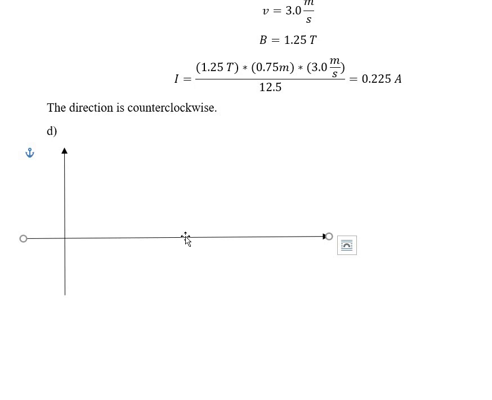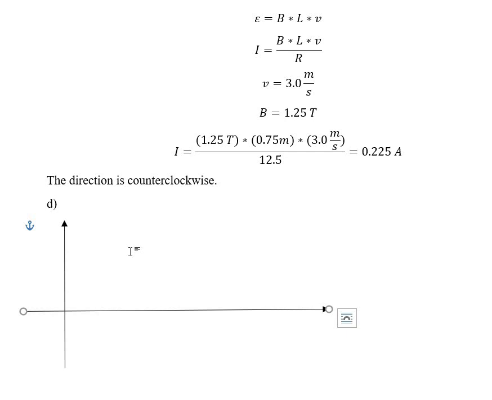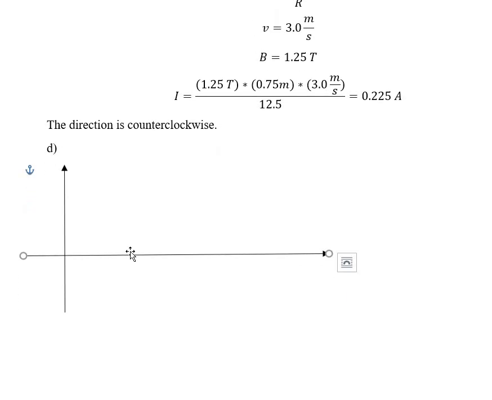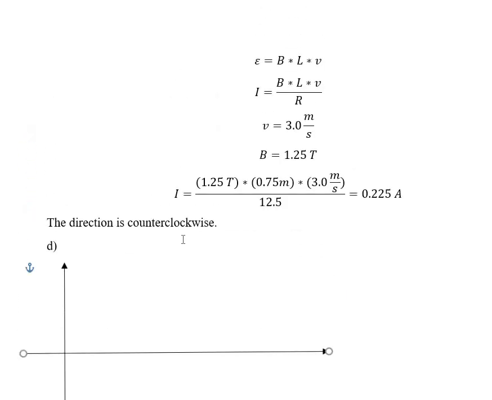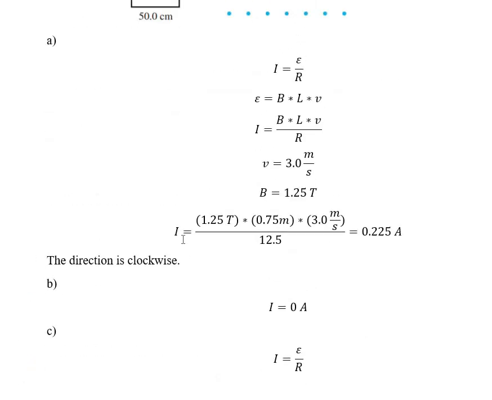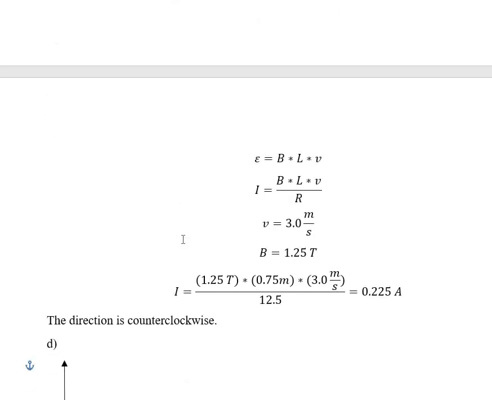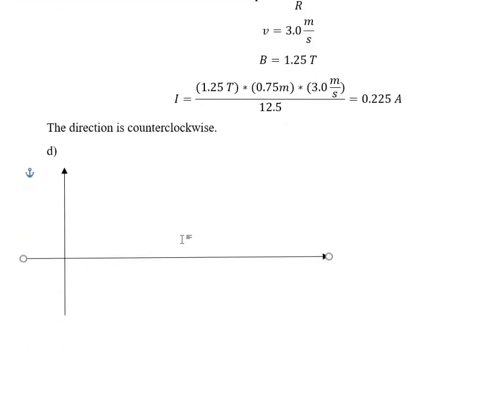So we have to include all three cases that we just solved: parts A, B, C. Basically, we know that the answer for part A was 0.225 A, and for part C, it was the same answer, but the direction was different.